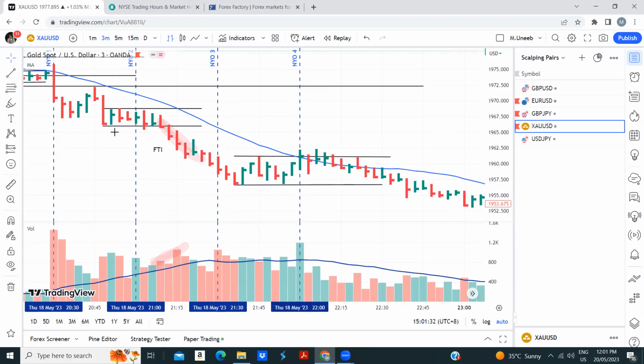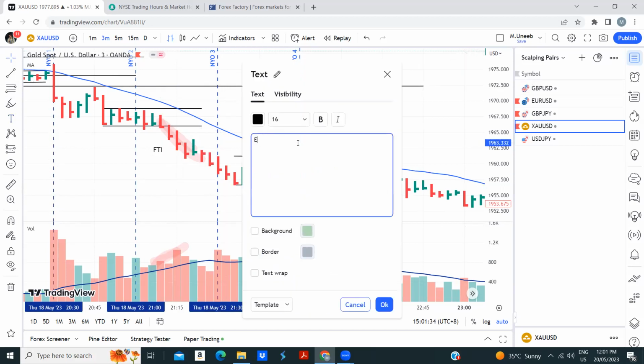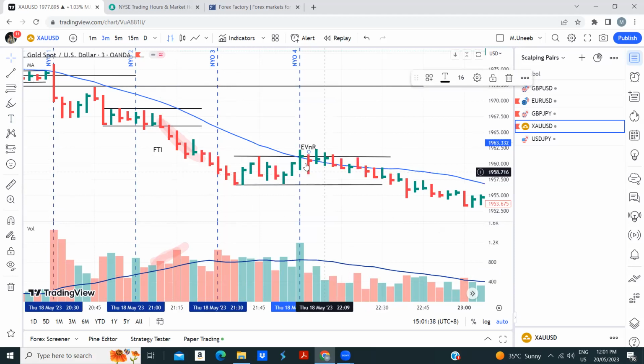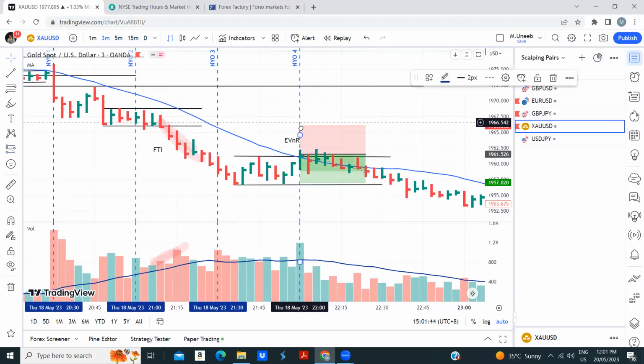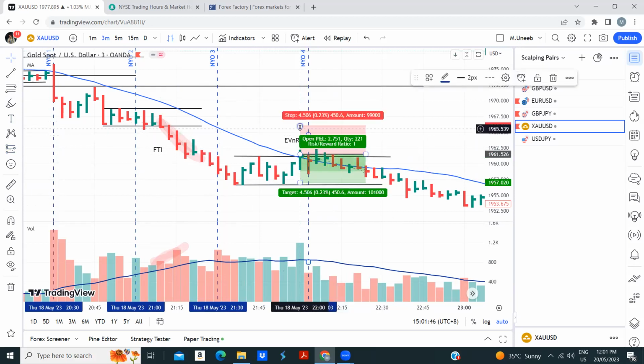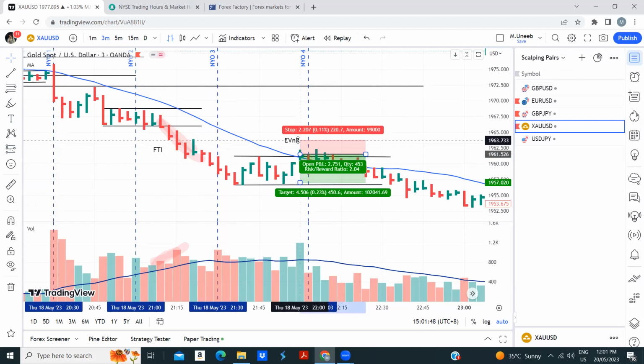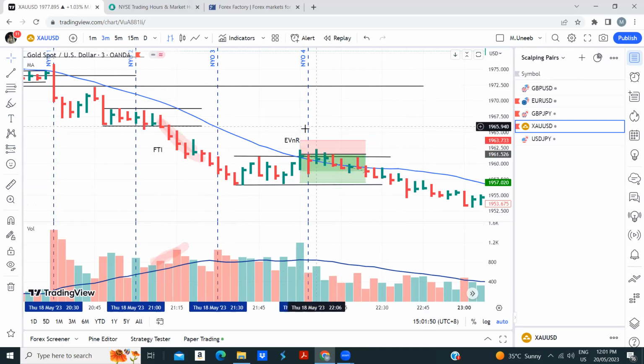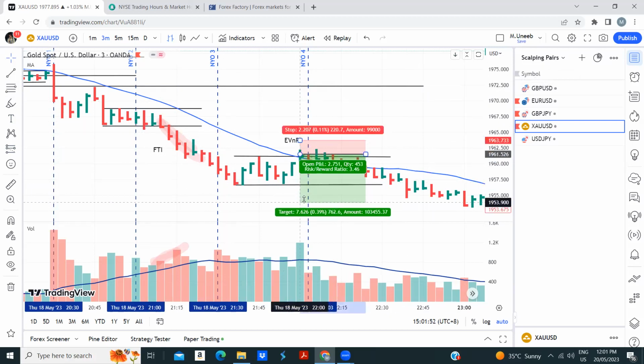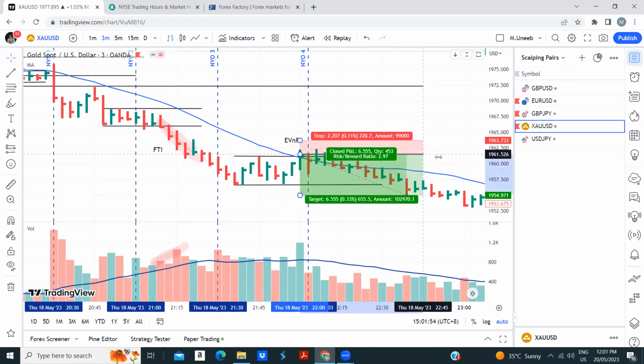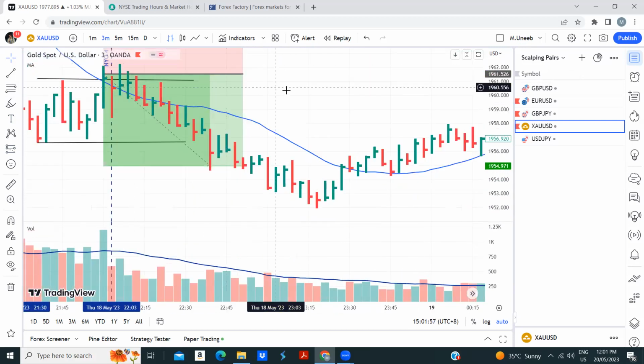And then this one is EVNR, effort versus no result. This is another entry right over here at the reference point. We can go short, with the stop loss just above the last high, and we go for 2R. Got it?